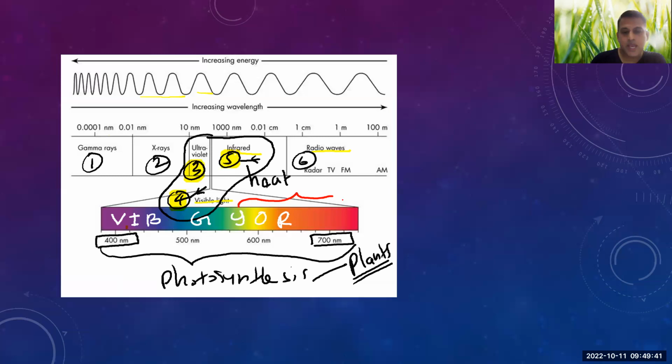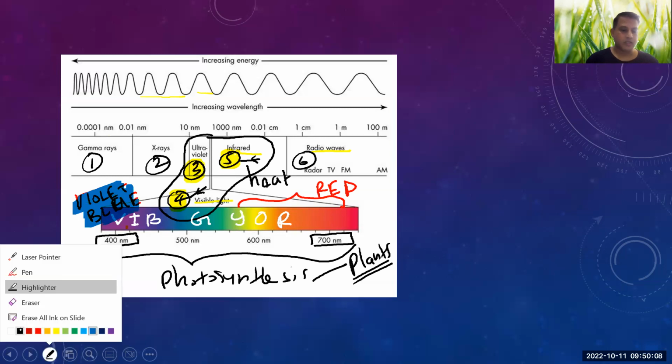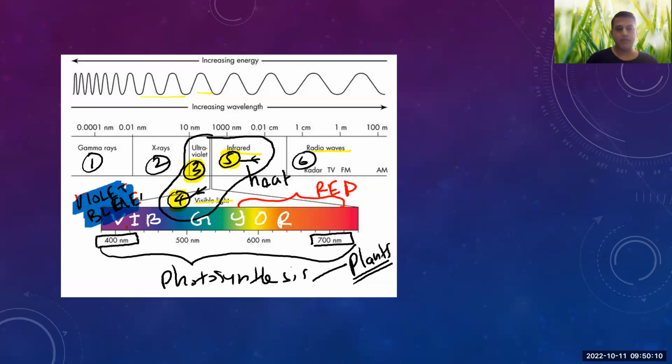And from this, we consider this as a red color, and this is violet and blue. So it's a violet and blue color, and this is a red color.